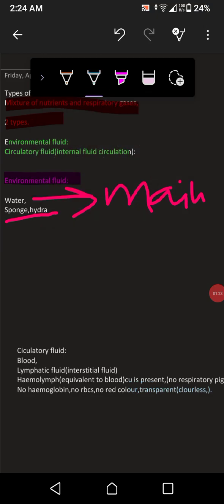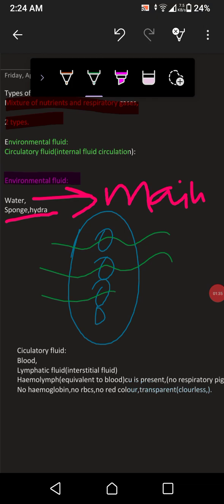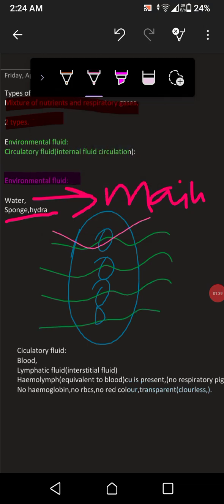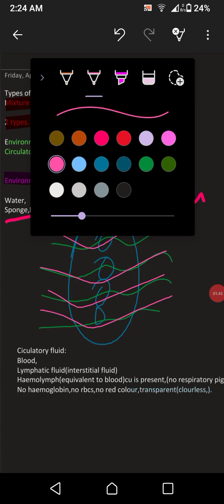For example, here is the sponge, and pores are present in its body, and the water is taken inside and out through these pores. What happens in environmental fluid? How does it circulate?